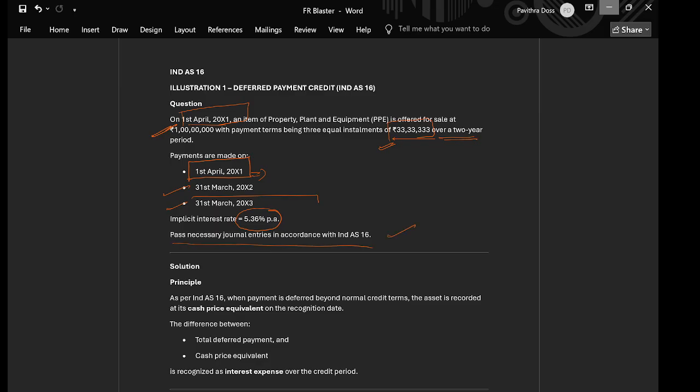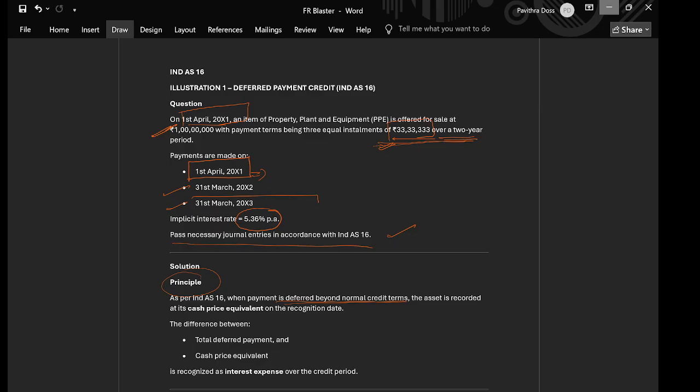Right, now we will quote the principle as given in IND AS 16, which is that when the payment is deferred beyond a normal credit term, so here it is going to be spread over a period of 2 years, right?